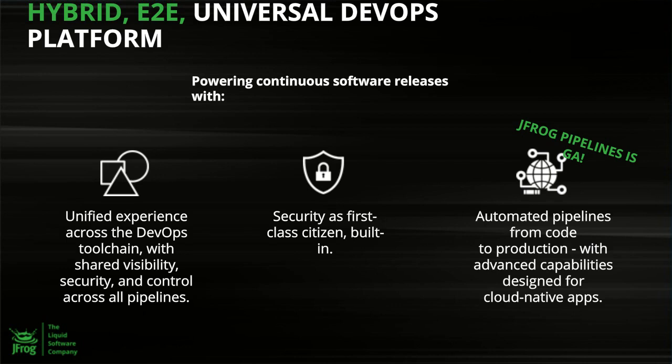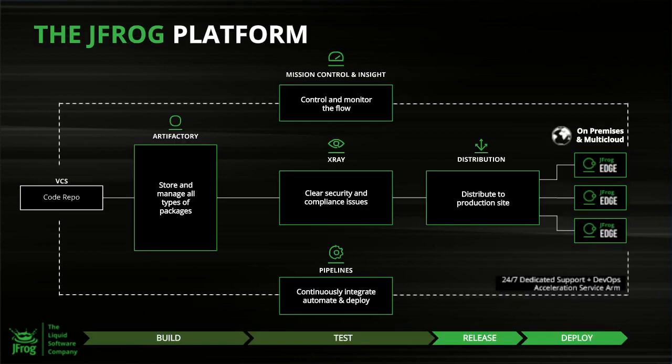In addition to that, we now also have JFrog Pipelines as part of the JFrog platform, which allows you to create YAML-based workflows in order to manage all of the workflows, all of the CIs, and control everything. Now, let's look at the next slide and see the JFrog platform at a high level.